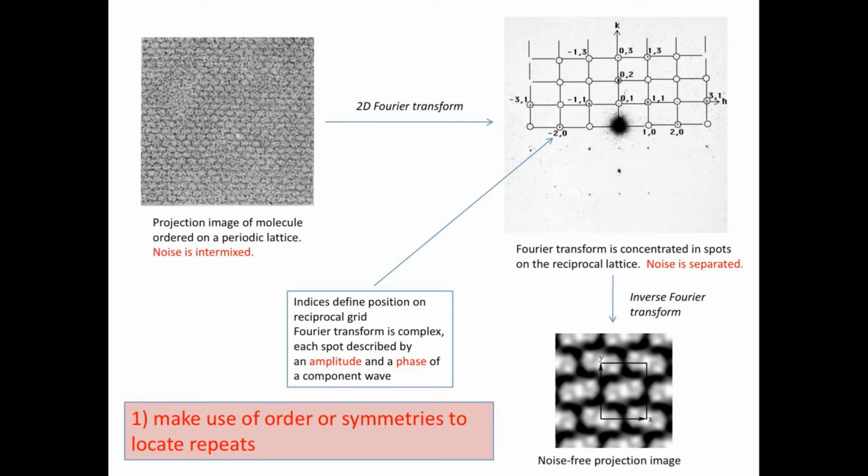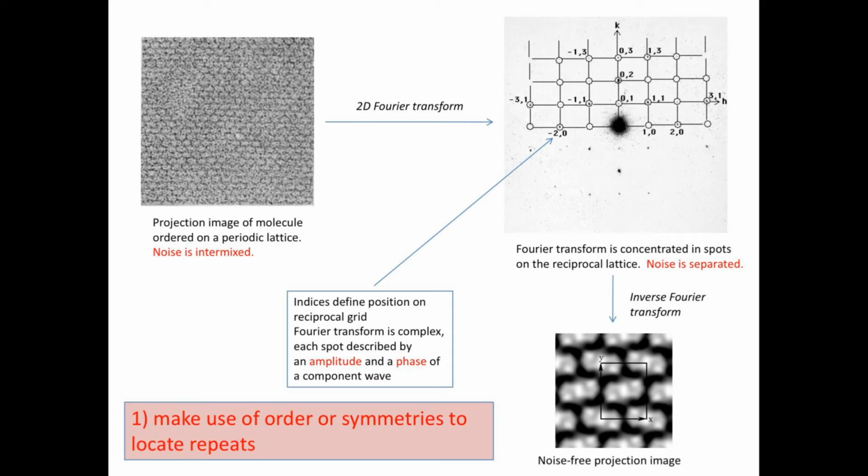Now we perform a two-dimensional Fourier transform. Now all of a sudden we see something. We see reflections where the Fourier information is concentrated in small points, and we see some kind of speckled stuff in the background, but of very low intensity.